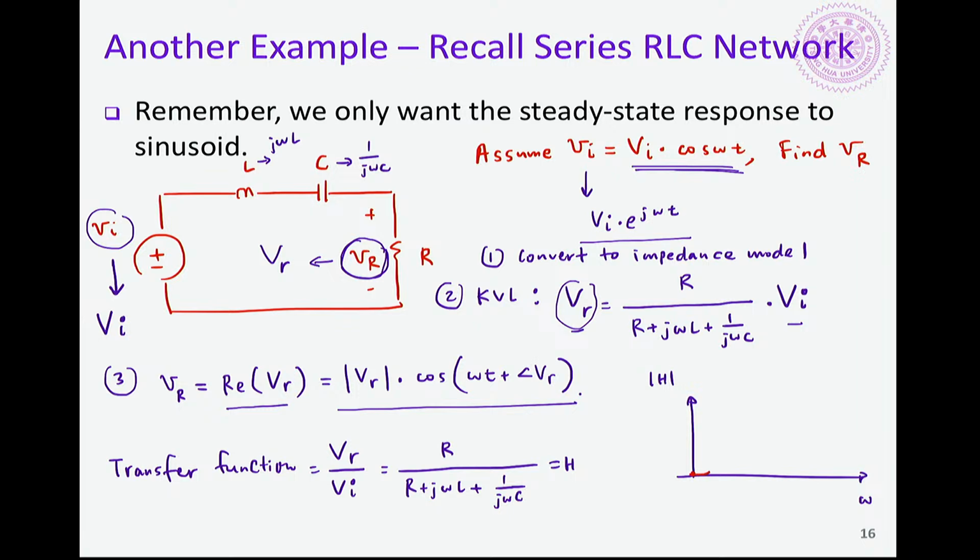Then you can think about when frequency increases, what happens to 1 over j omega C? When omega slowly increases, 1 over j omega C decreases, but j omega L increases.